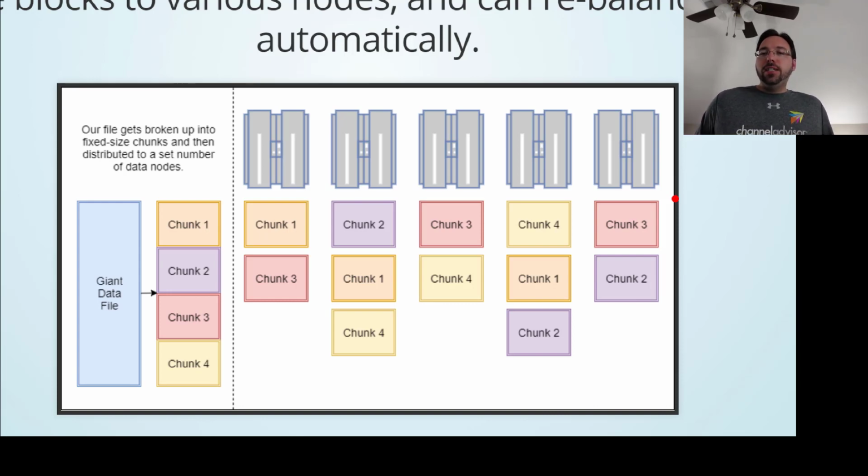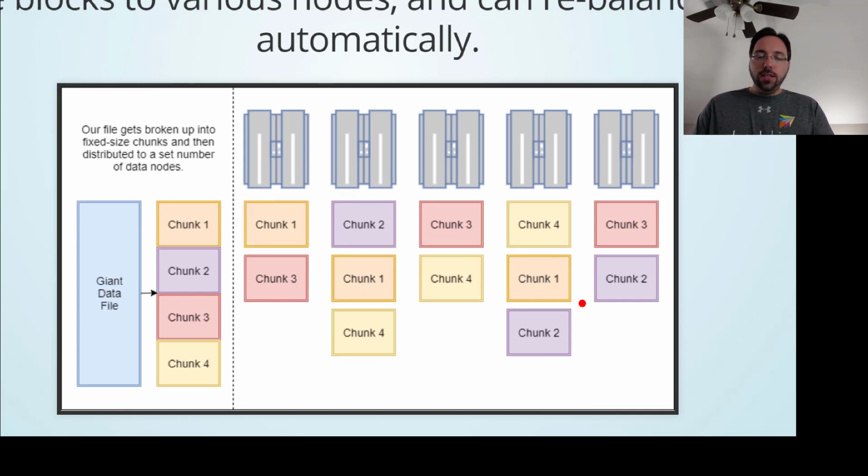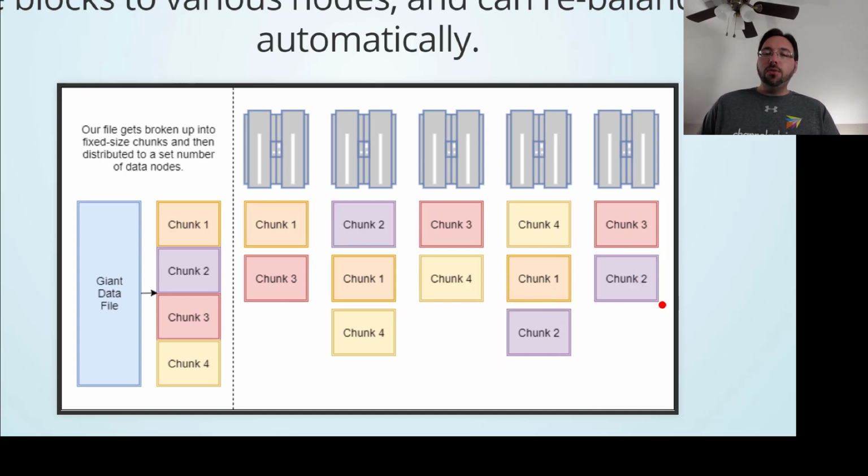I'm not going to get into details on exactly how that algorithm works, but at a high level, what it does is it will allow you to process data across different servers. So we replicate the chunks to different servers, and we don't overwhelm the same servers with lots of chunks. So you see chunk 1 is on servers 1, 2, and 4. Chunk 2 we put on servers 2, 4, and 5, and so on.